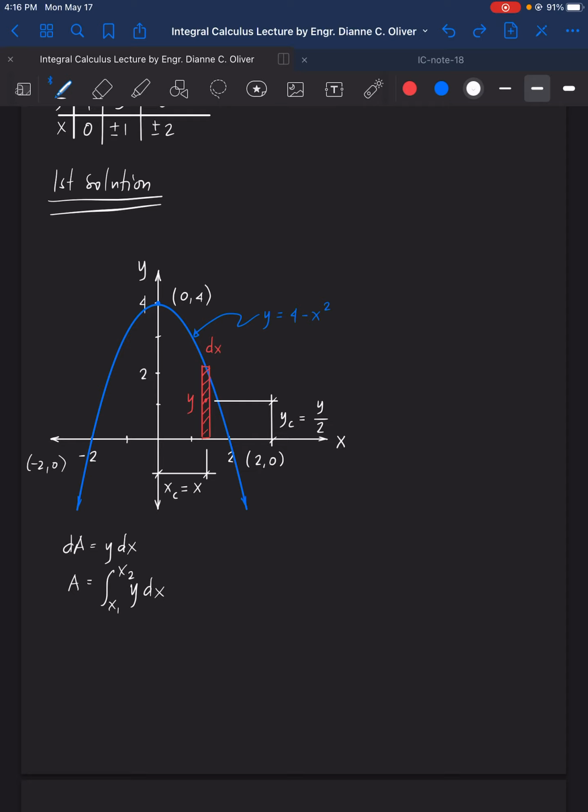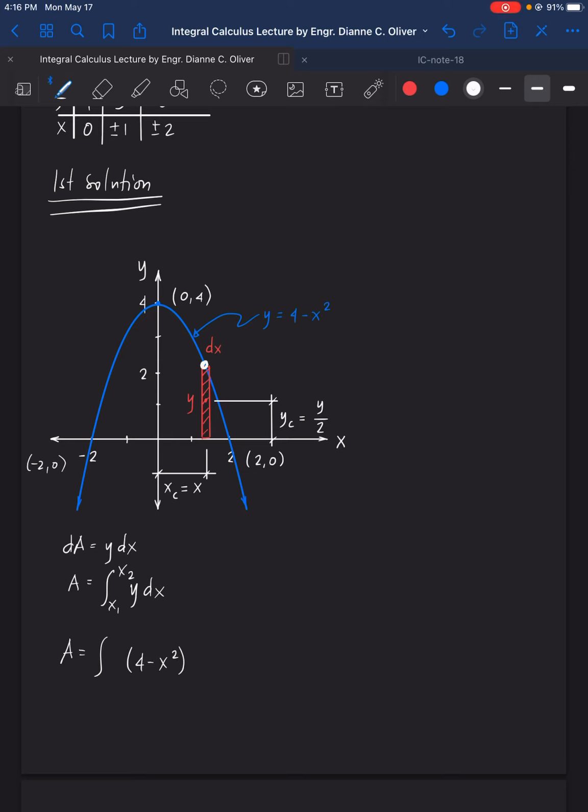Then y here becomes the y upper minus the y lower, so area is equal to integral of 4 minus x squared.